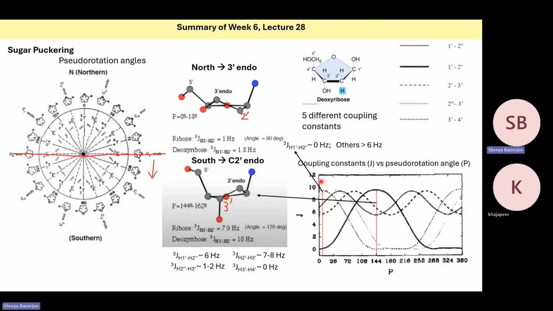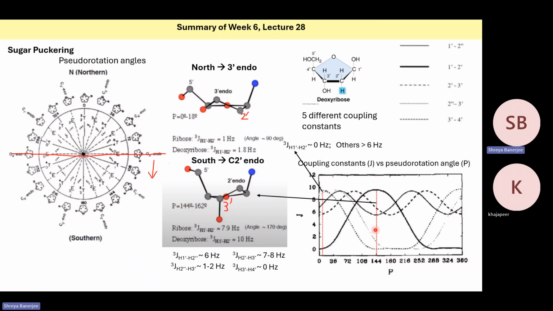Basically, as you vary the pseudo-rotation angle, this is how the coupling constants vary. These 5 coupling constants are shown in the graph here, and each of them varies in a different way. First we will look at the C2 prime endo structure. In the C2 prime endo, the pseudo-rotation angle is around 144 degrees.